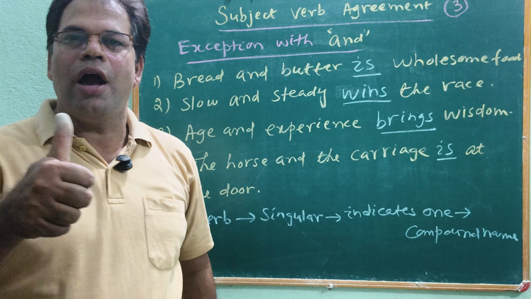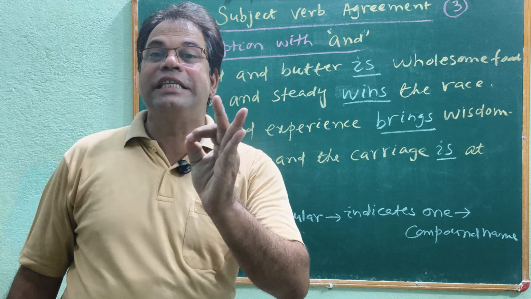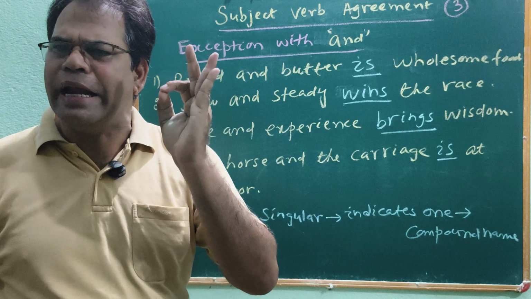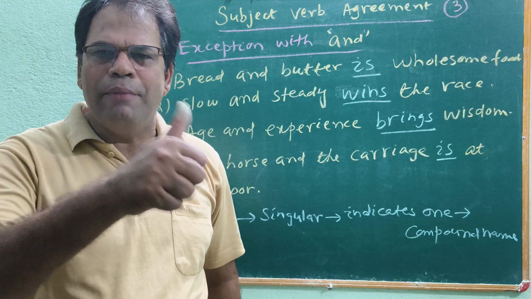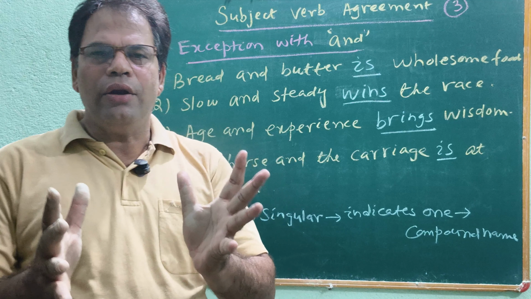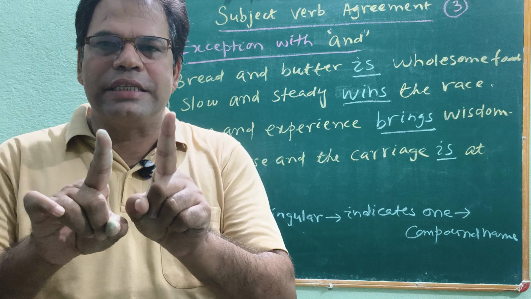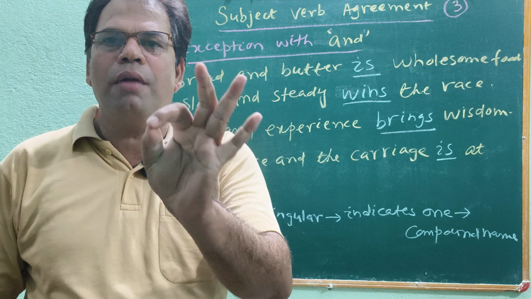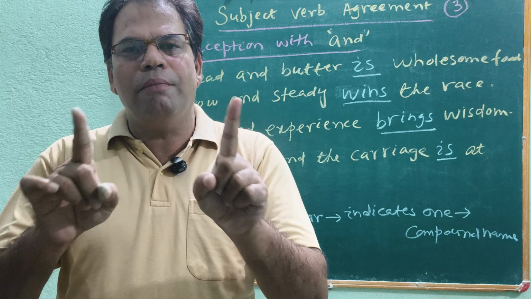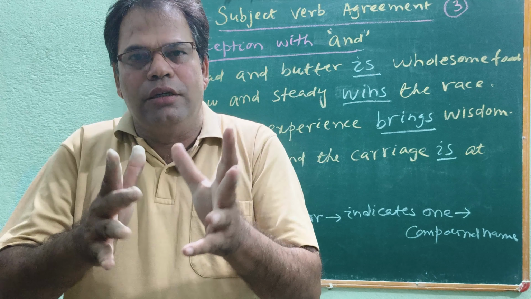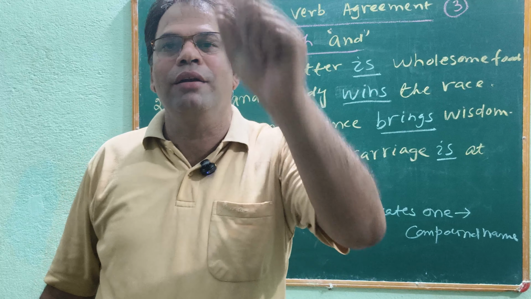Are you okay? Now we are going to learn some exceptions, which are very critical, because where there is an exception, there is criticality. We came to know that when both subjects are connected with and, the verb must be plural. Now we are going to learn cases where the subjects are connected with and, but the verb will be singular.